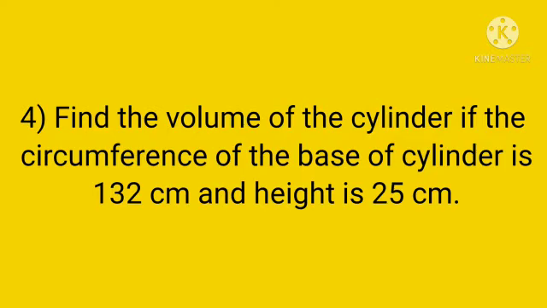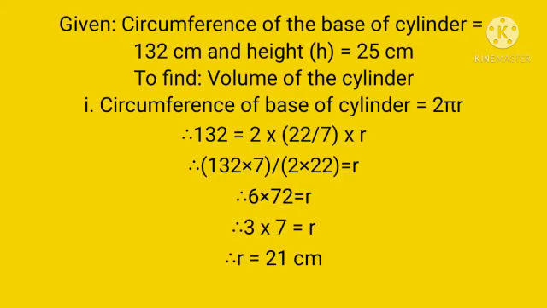Question number 4. Find the volume of the cylinder if the circumference of the cylinder is 132 centimeters and height is 25 centimeters. Given circumference of the cylinder is equal to 132 centimeters, height h is equal to 25 centimeters.